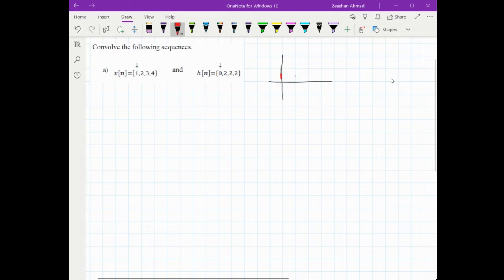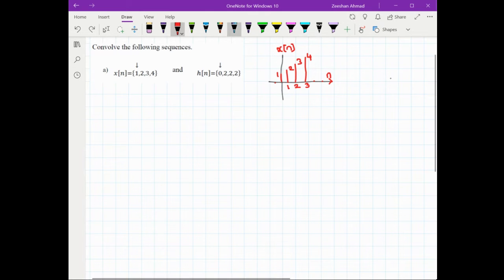I have a sample, this is 1, then I have 2, then I have 3, then I have 4 here. So this is your x of n, and this is your n here. This will be 1, 2, 3, and 4, and the rest of the values here are zeros. Similarly, h of n will be here.